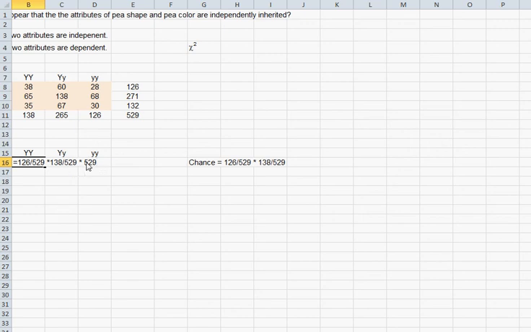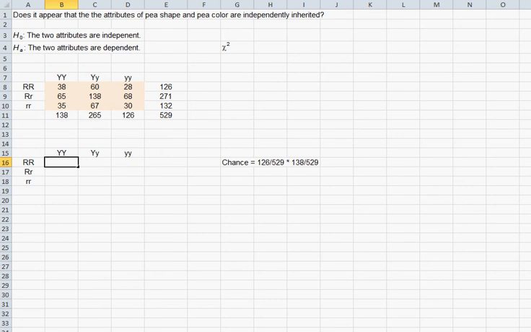Clearly, 529 cancels one of the 529s on the bottom, and so this can be more succinctly written as 126 times 138 divided by 529. So that would be the number of expected things in the upper left-hand corner of the table, if indeed the null hypothesis is correct. Likewise, this number would be equal to 126 times 265 over 529, taking this row sum times this column sum over the total sum.